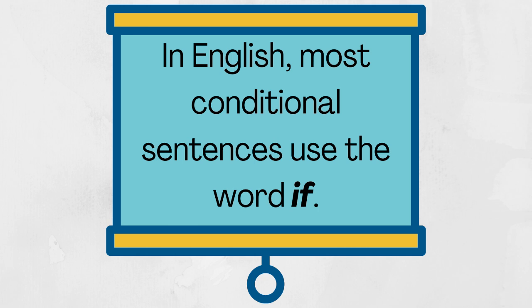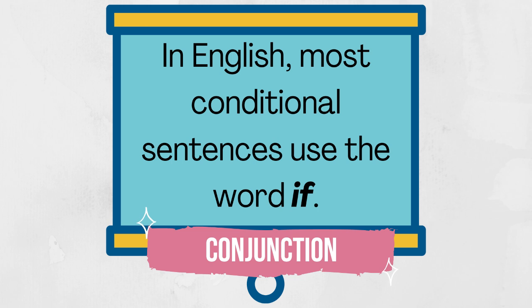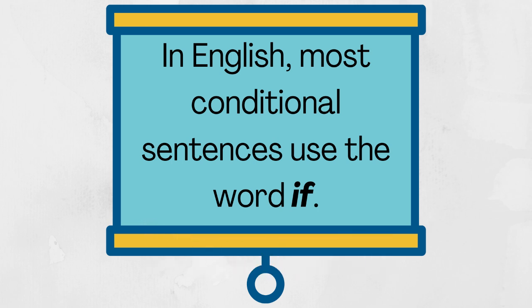And you do have to remember that not all sentences that contain the word if are conditional sentences. If is a conjunction. It can be used in other sentences the same way as any conjunction. So, hindi porke nakita natin yung word na if sa sentence, you can assume that it's already a conditional sentence.